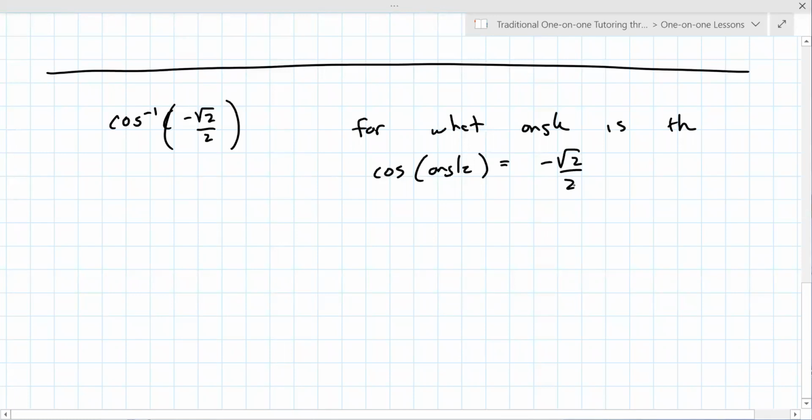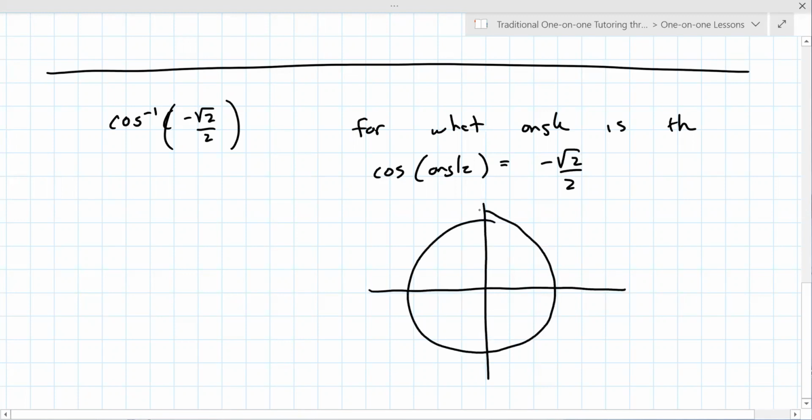So it's giving you the output of the unit circle. On your unit circle, there are two places where cosine is negative square root of 2 over 2. That is here at 3 pi over 4, and then also over here, if you go all the way around, at 7 pi over 4.